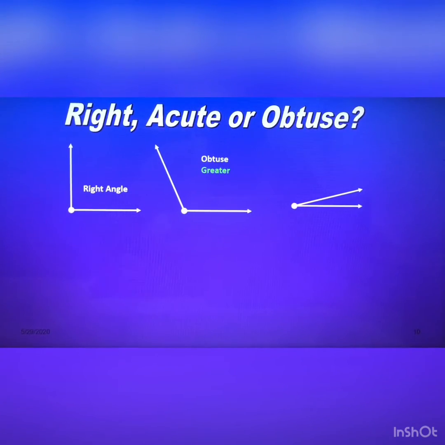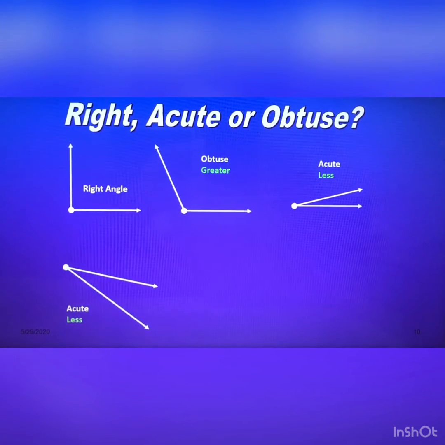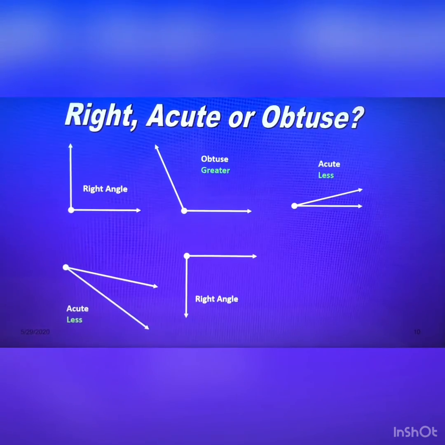About this angle, yes, of course, this is an acute angle, meaning it is less than 90 degrees. About this figure, this is once again an acute angle because it is less than 90 degrees.